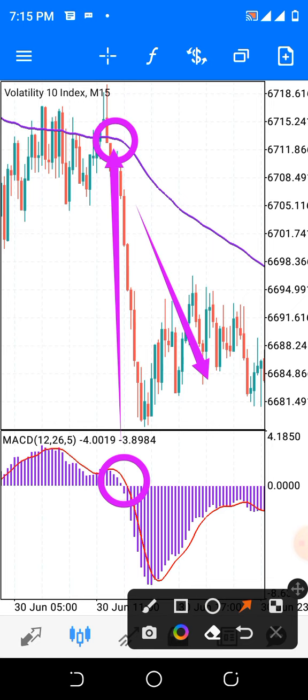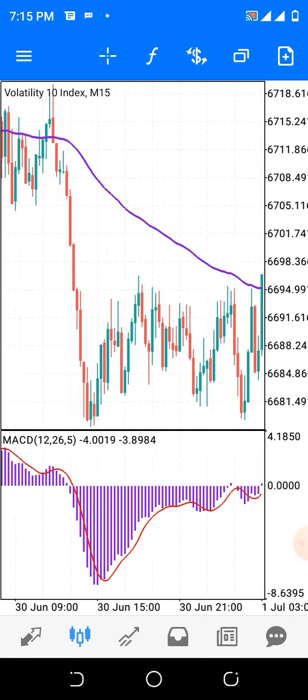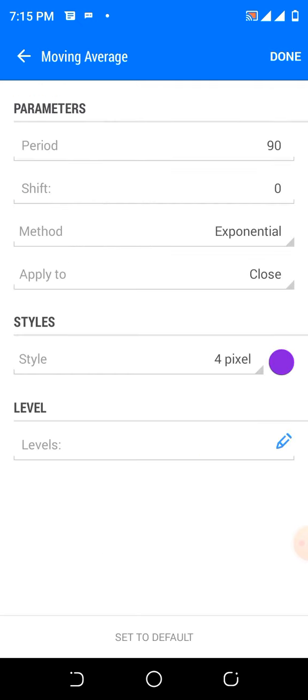Now let me show you the settings for the indicators. The first indicator is the moving average. The period is 90. The method is exponential. Apply to close.